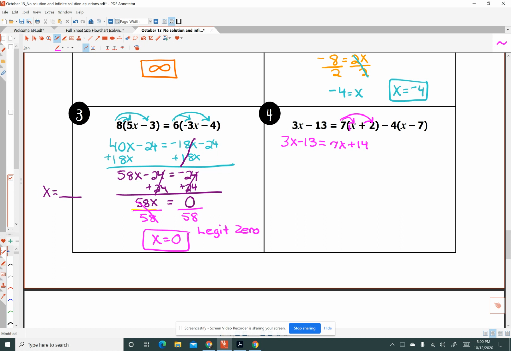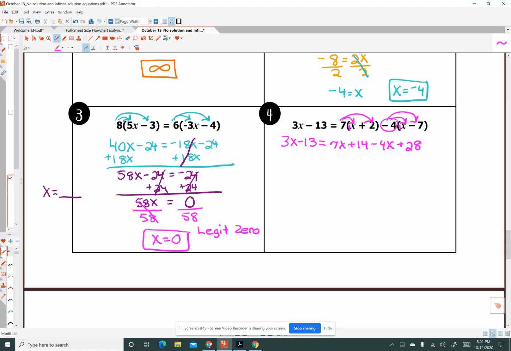Those are both positive. Now we've got a negative 4 times invisible positive 1x. Negative 4 times 1 is negative 4x. Negative 4 times negative 7 is positive 28.